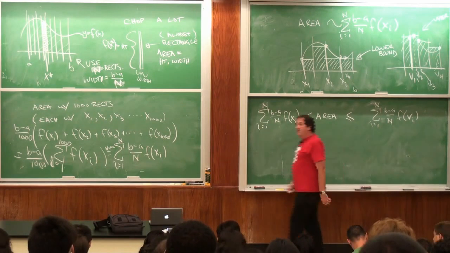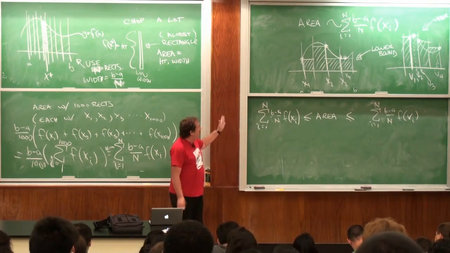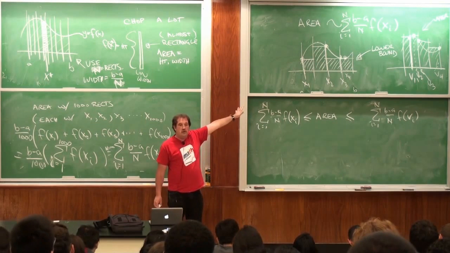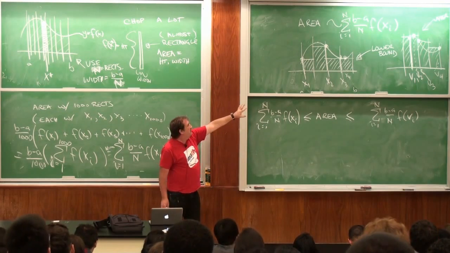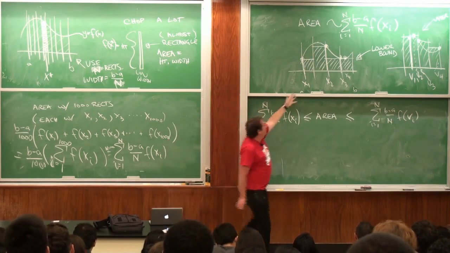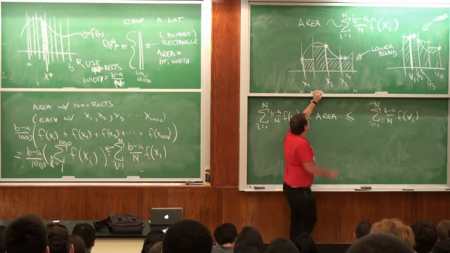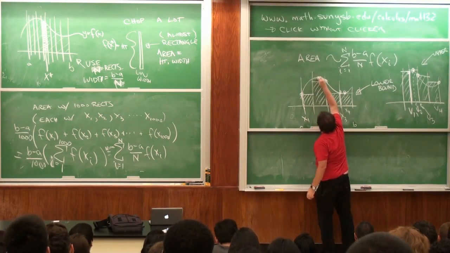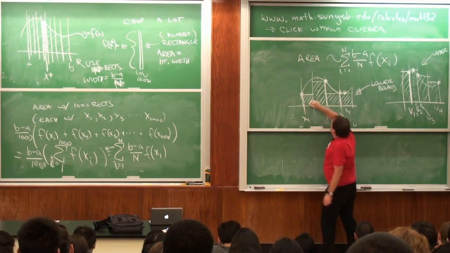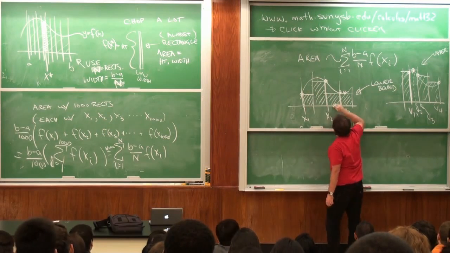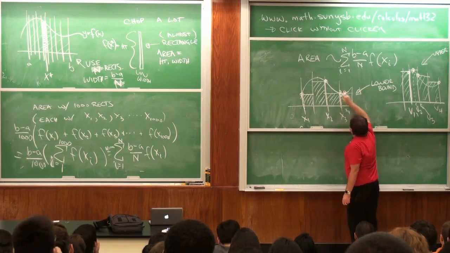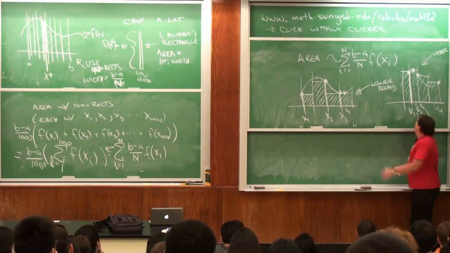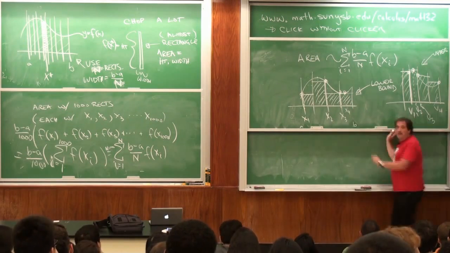Notice also that if I use lots and lots of rectangles, and the function isn't too crazy, this will get bigger. If I use twice as many rectangles, I get a taller one there, and here, and here, and over here. So I would get a bigger area on the bottom and a smaller area on the top.